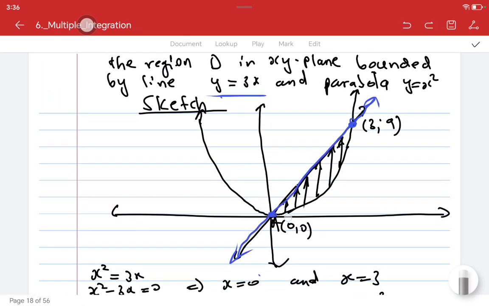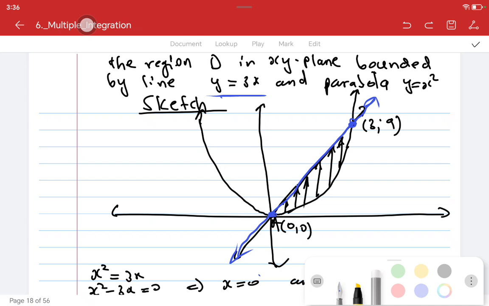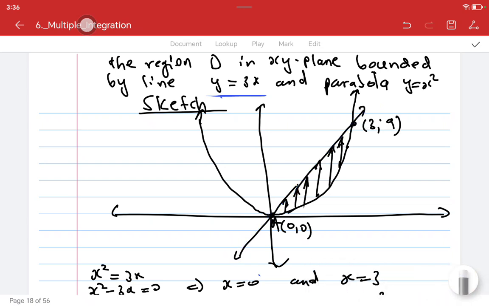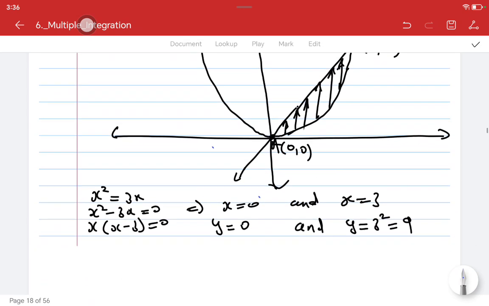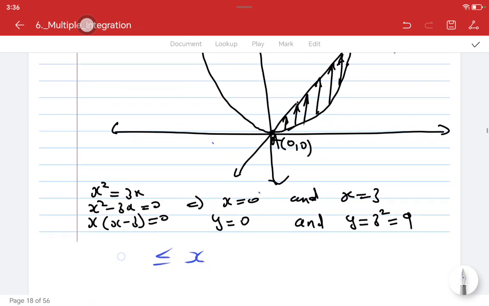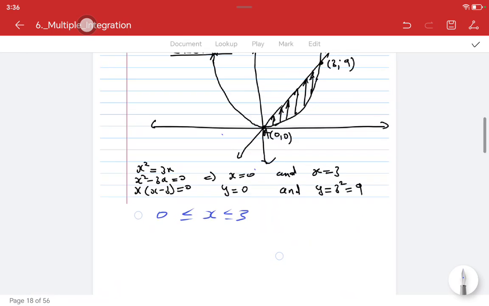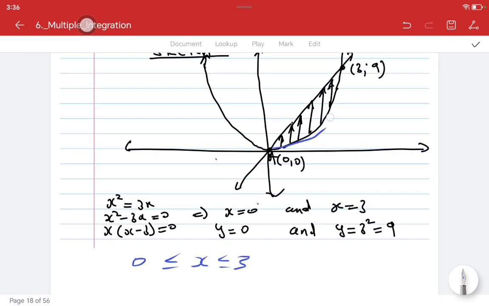Now we realize we have x from 0 up until 3. And we realize that this one is x squared, this one is 3x. So this is the lower part, this is the upper part.